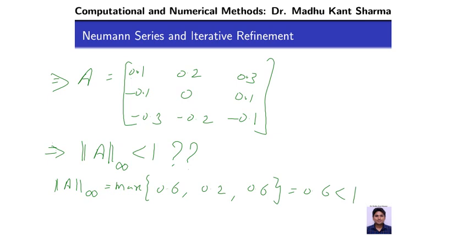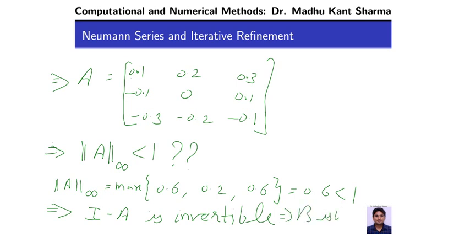So the result shows that I minus A is invertible, which means B is invertible.